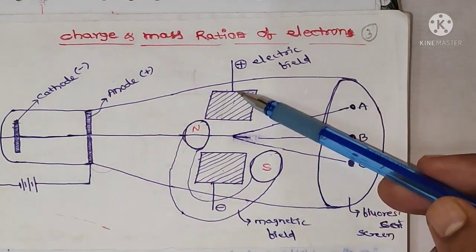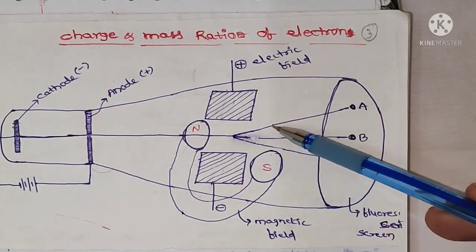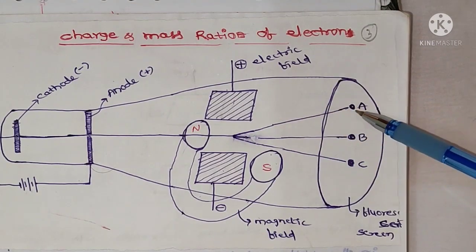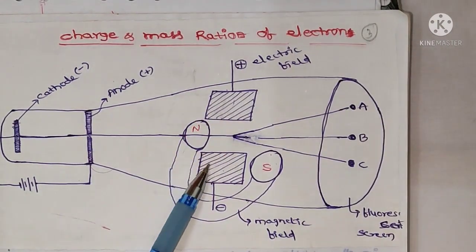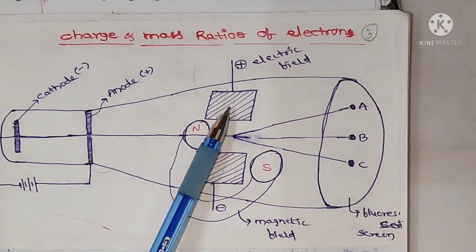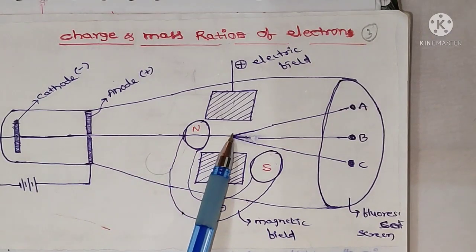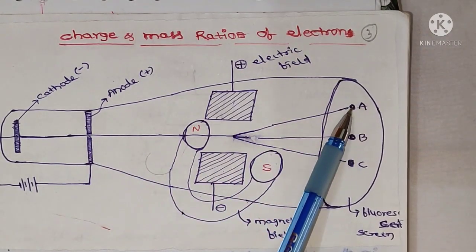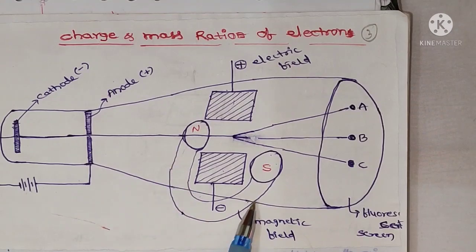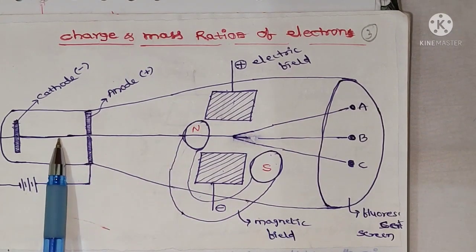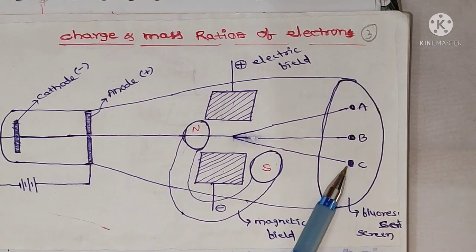When only electric field is applied, the electrons deviate from their path and hit the fluorescent screen at point A. Similarly, when only magnetic field is applied, electrons deviate from their path and hit the fluorescent screen at point C.